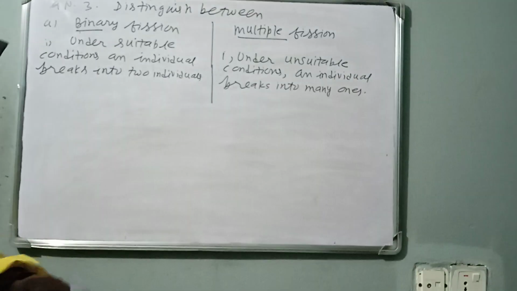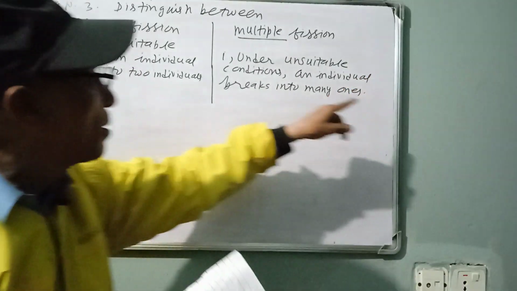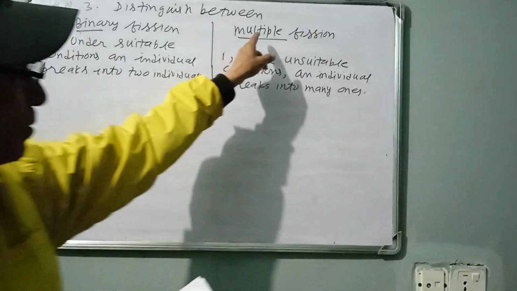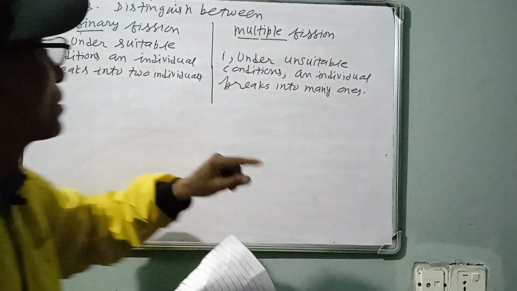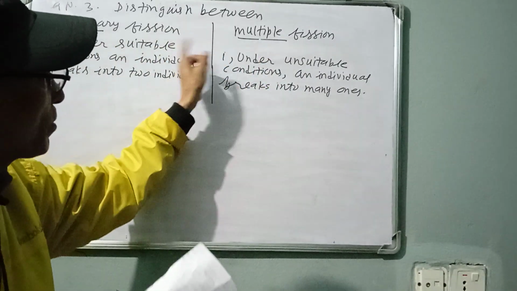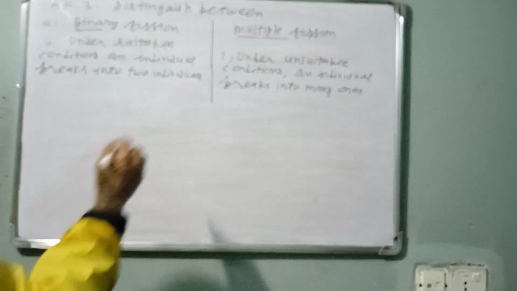Here ones means individuals. एकबाट दुईटा बन्छ, एकबाट मल्टिपल धेरै बन्छ. सुटेबल कन्डिसन राम्रो अवस्था, अनसुटेबल कन्डिसन नराम्रो अवस्था.